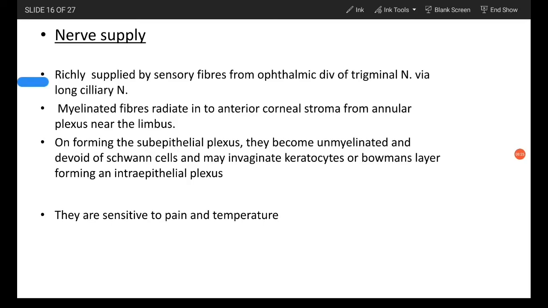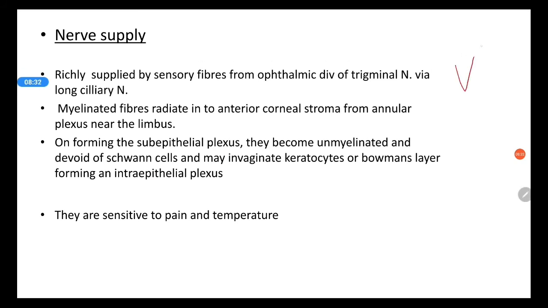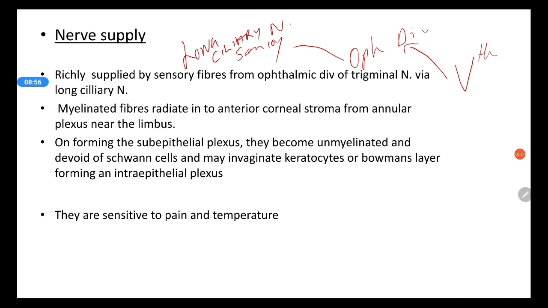Now coming to the nerve supply of the cornea, we should know that it is actually the fifth cranial nerve, the ophthalmic division, that gives off sensory fibers in the form of the long ciliary nerve, LCN.